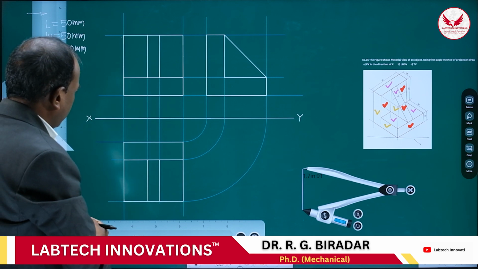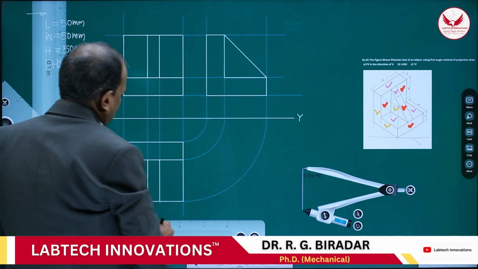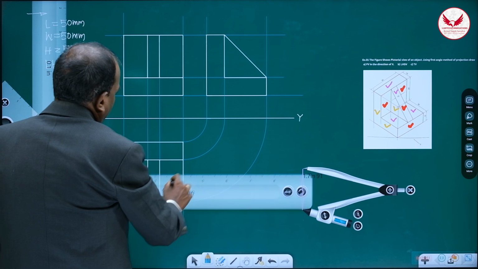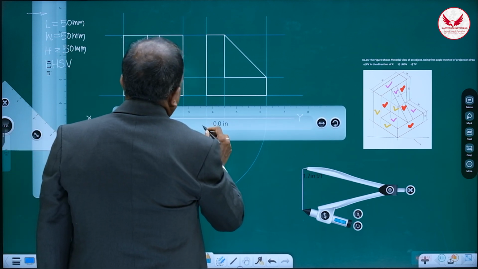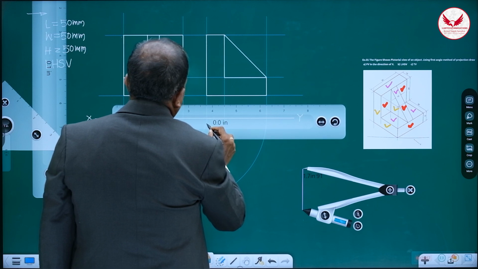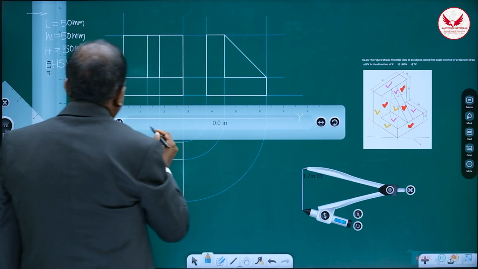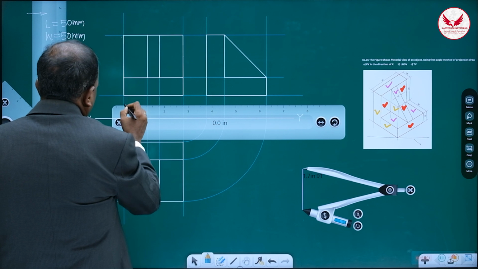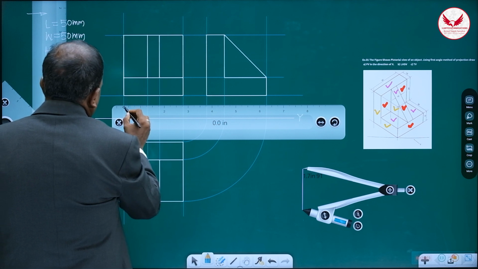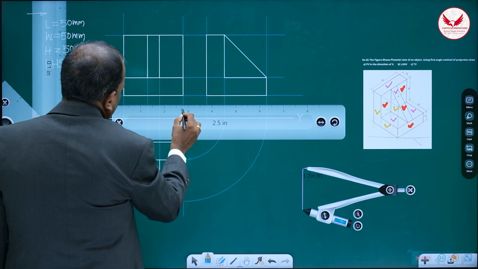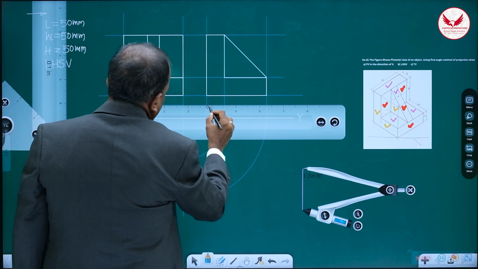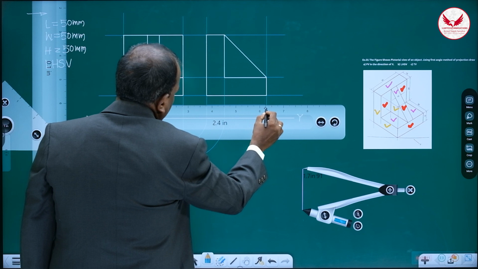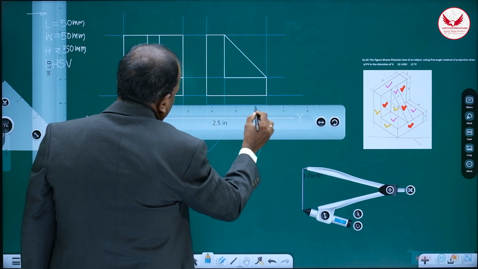Then first I'll mark the width and length. So dimension line below the object, leave the gap of 8 to 10 mm from this object and draw this line. So this we can use for length, this we can use for the width.